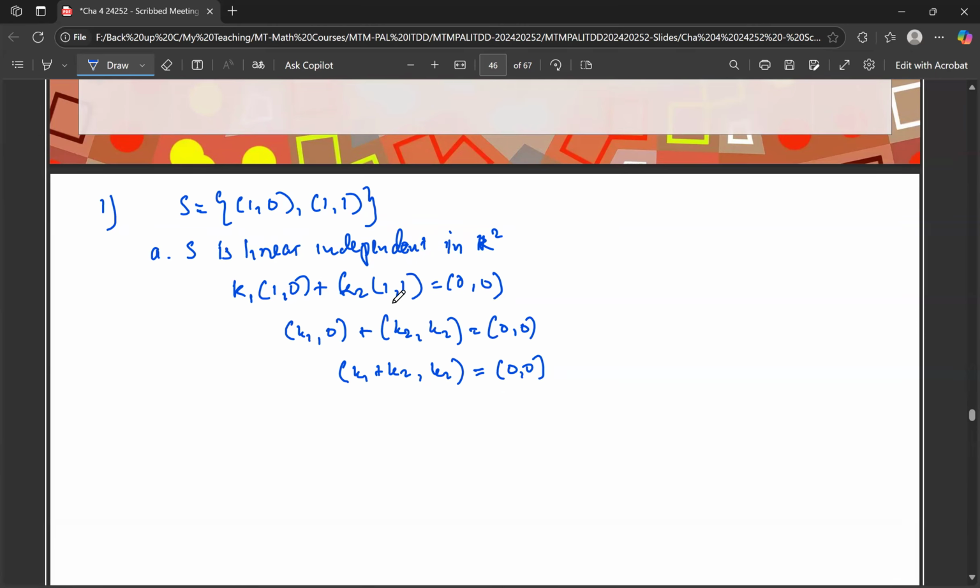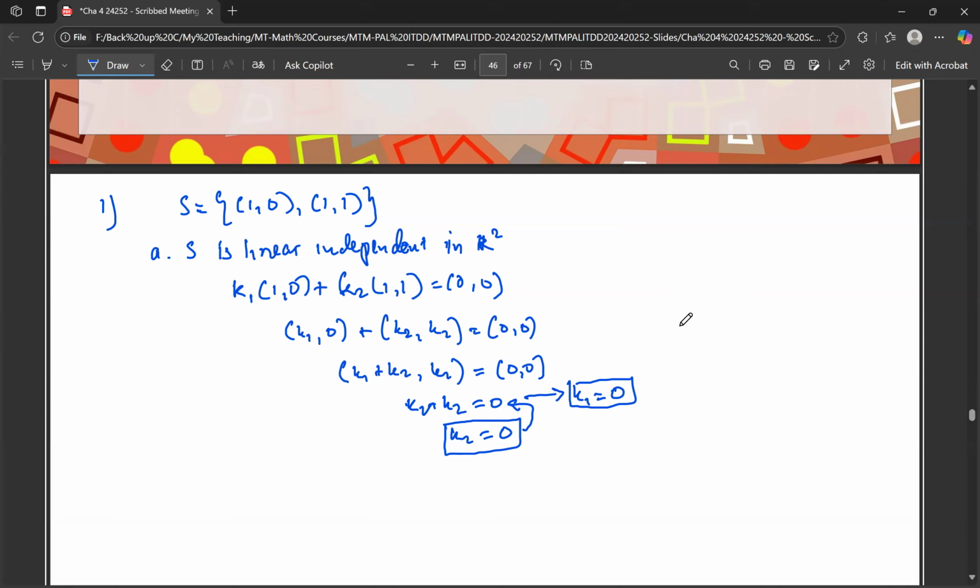So we have two equations. k1 plus k2 is equal to 0, and k2 is equal to 0, by equalizing the left side and the right side. Of course, we already have k2 is equal to 0. Then we substitute k2 by 0 in the first equation, and then we have that k1 also 0. So k1 and k2 are 0.